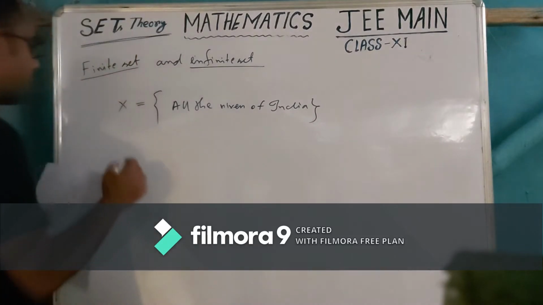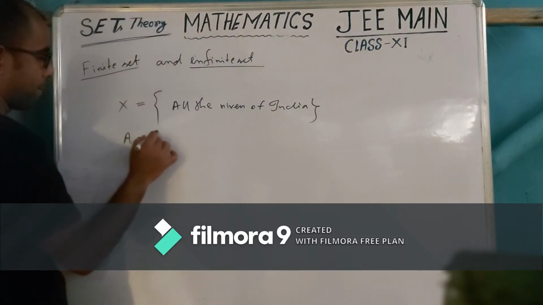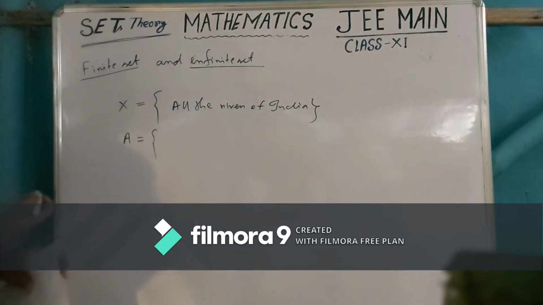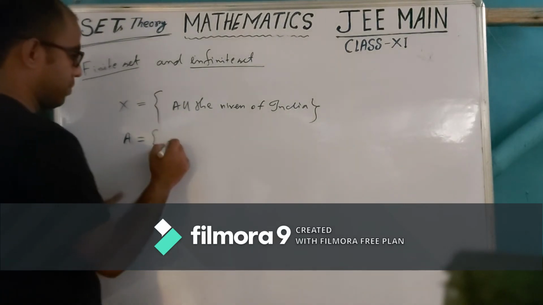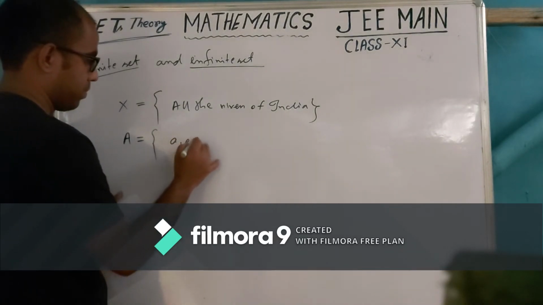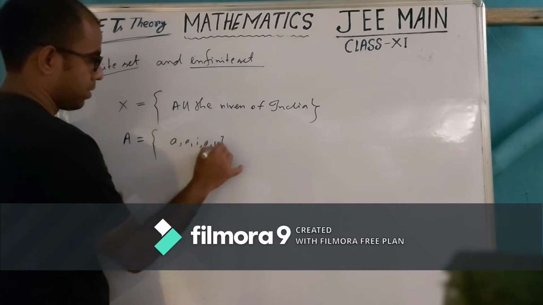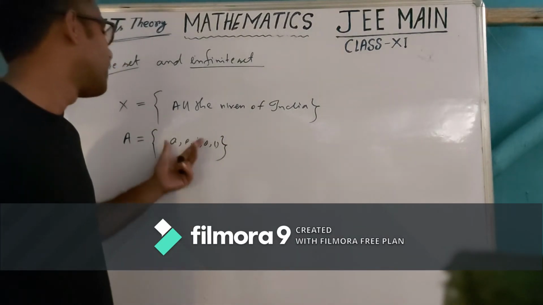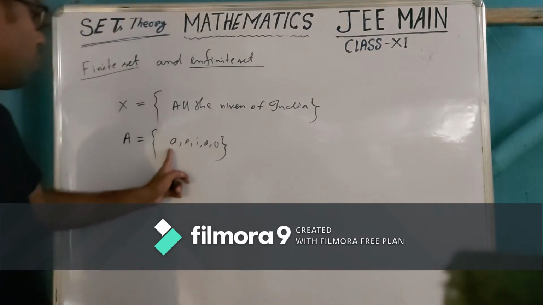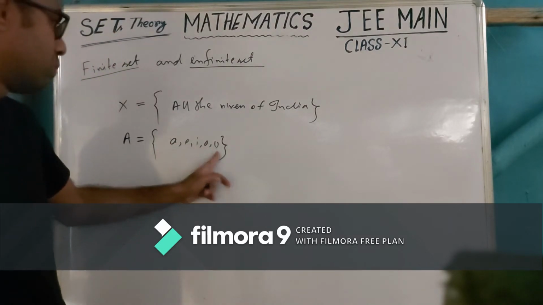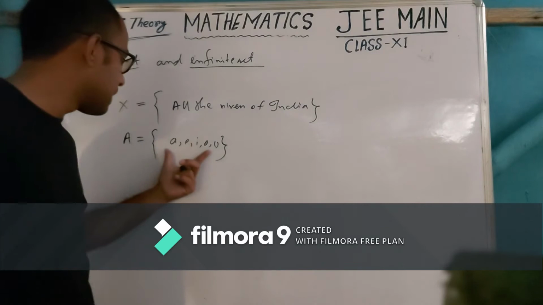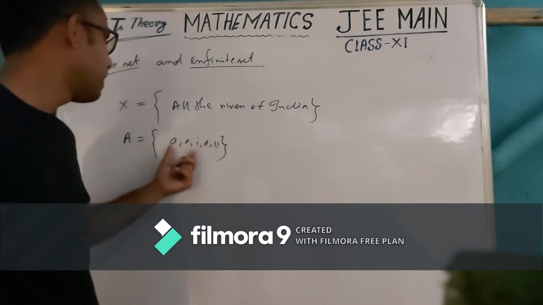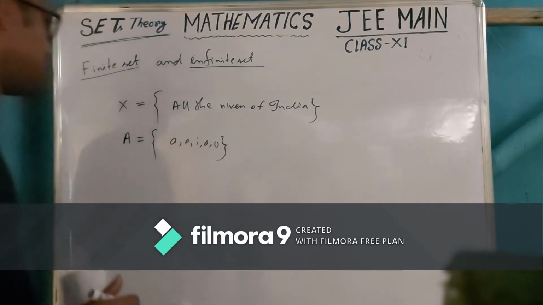Another example. Here I consider the set of all the vowels of the English alphabet, A, E, I, O, U, which are countable. That means the set is a finite set.